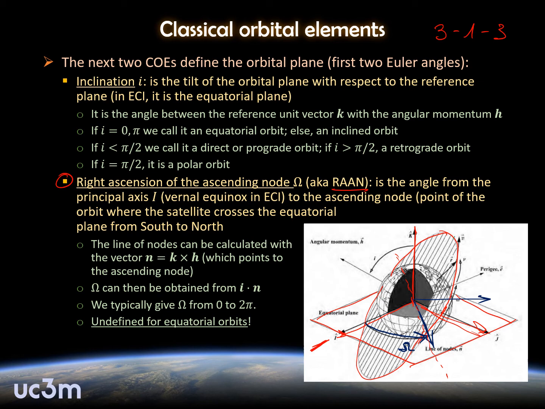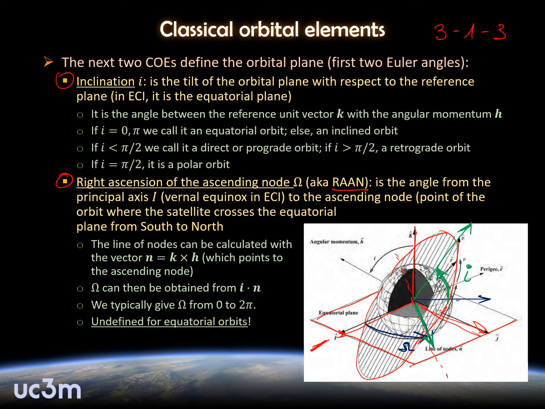This rotation will happen about this axis, and it will bring this axis here to this position. The rotation angle over here we will just call I, and we call it the inclination. The inclination of the orbit is the angular distance between the two planes, the orbital plane and the plane of the equator.